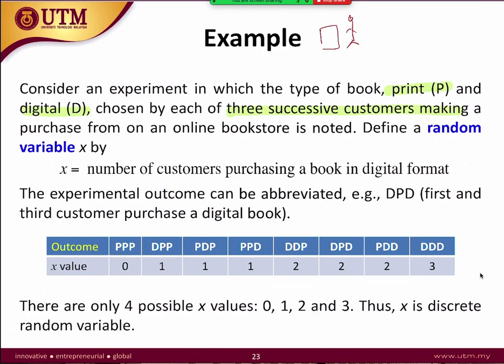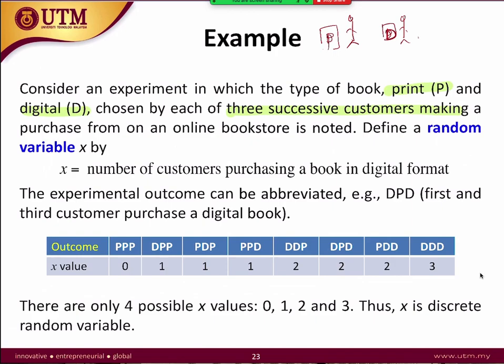We wanted to know whether the customer can choose to buy a print book, and the customer right after that is buying a digital book online, when they add to cart and then purchase the book. So whether they're going to purchase a printed book or a digital book.